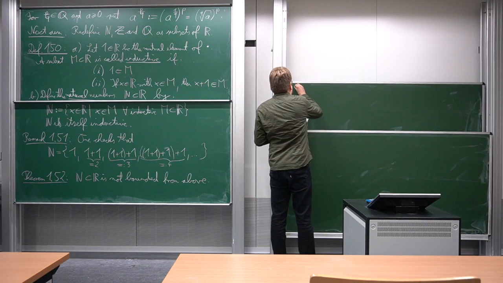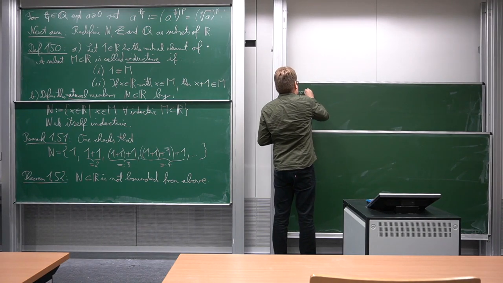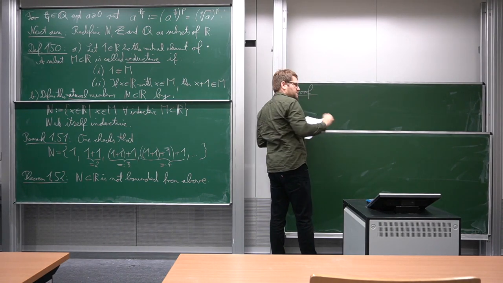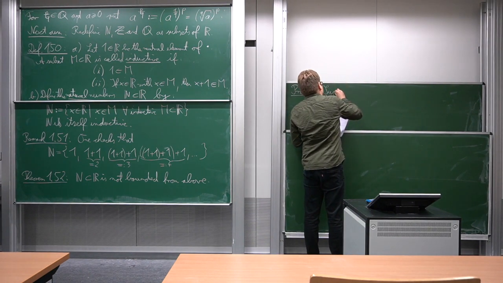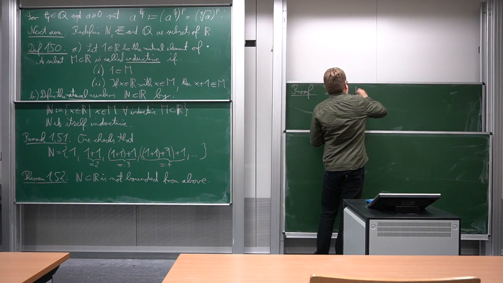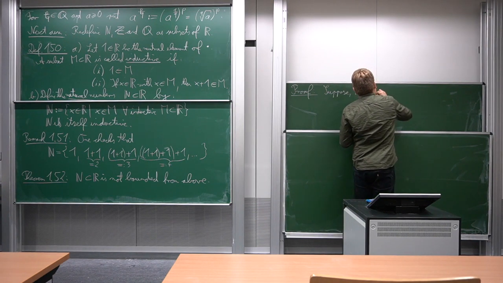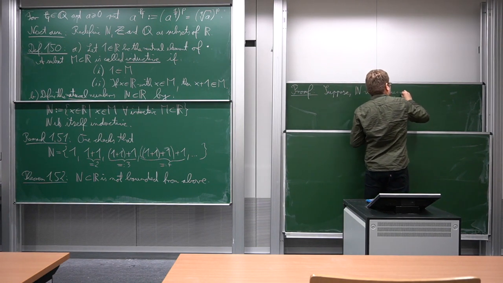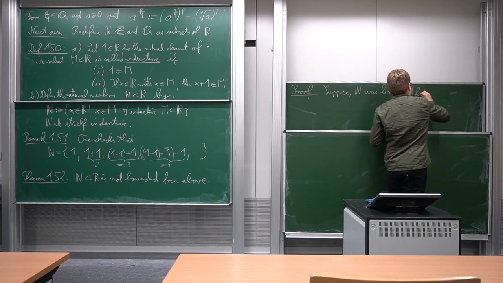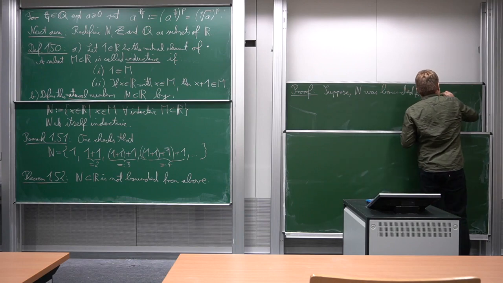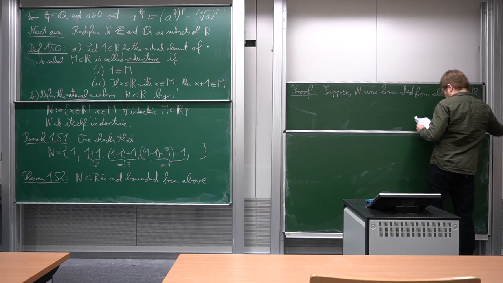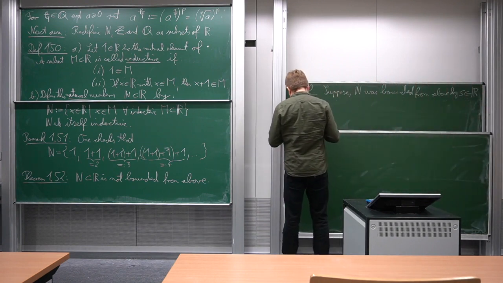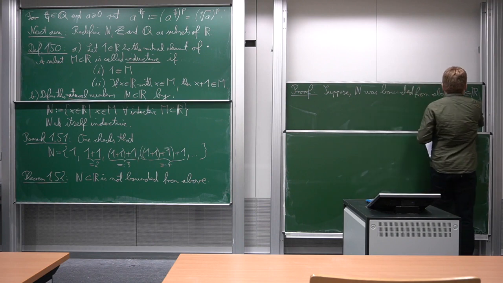And we do this again, we prove by contradiction. We assume the contrary, we assume it's bounded from above and bring it to a contradiction. Suppose N was bounded from above by some number s in R. We don't want s to be an arbitrary number.